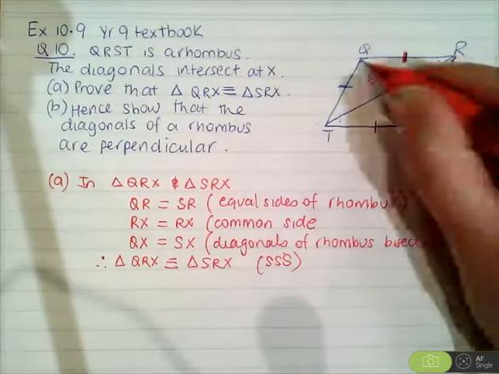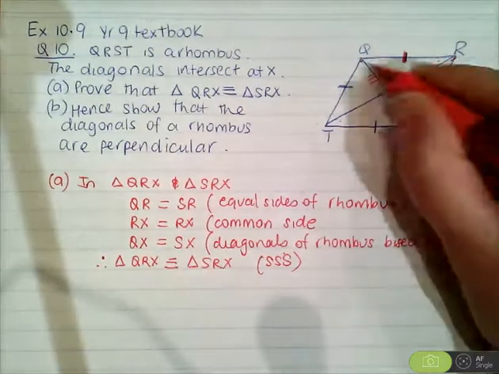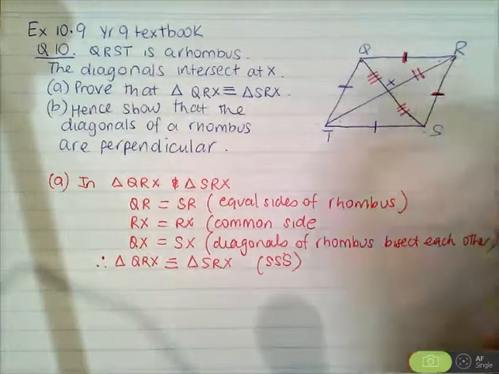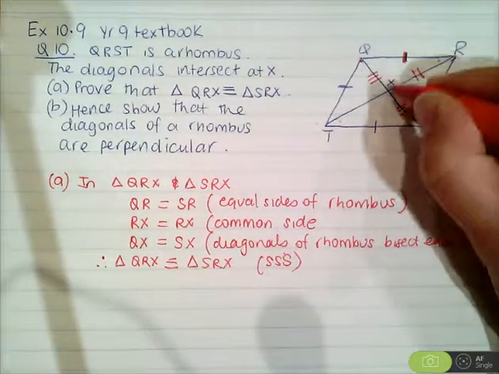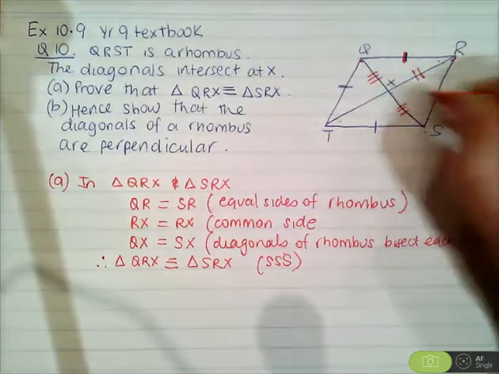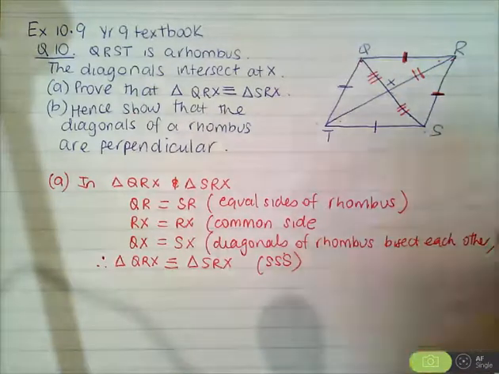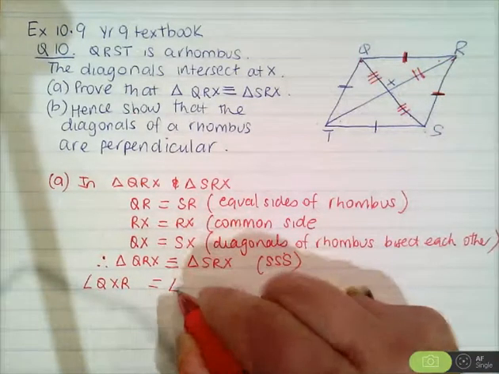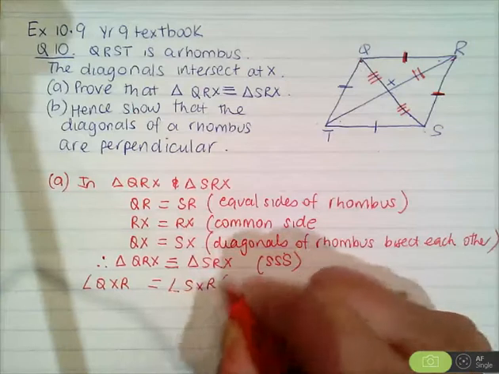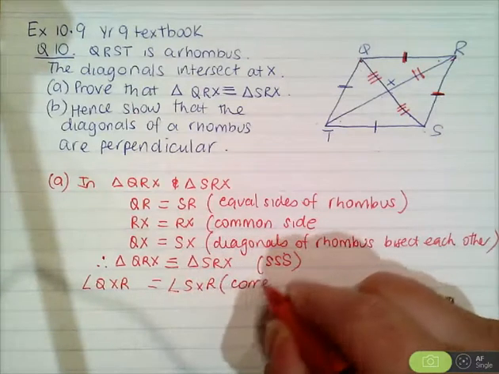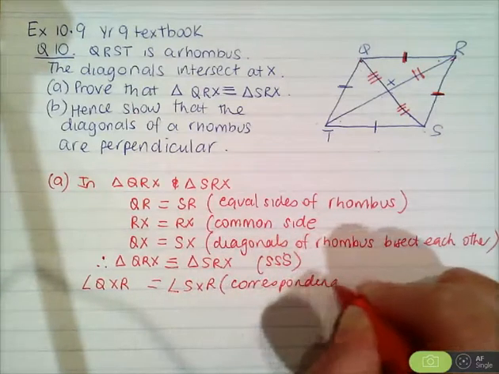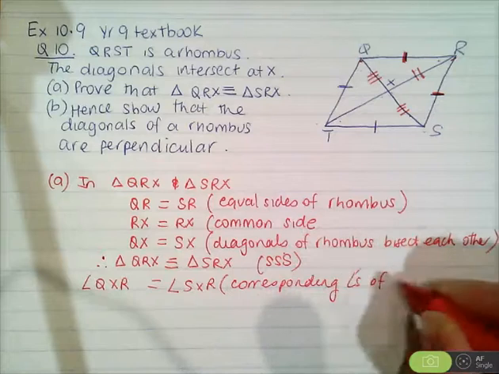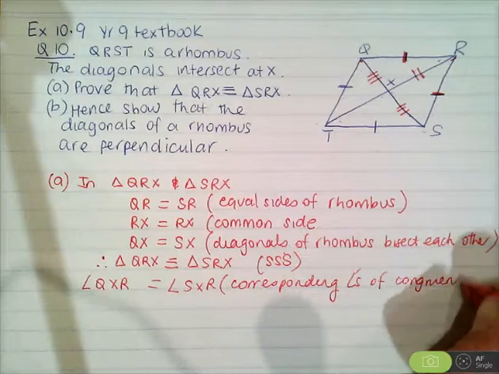So we need to be talking about angle QXR and angle SXR. We know that they both are opposite the single dash side in these congruent triangles that we've just proven. So we can say angle QXR is equal to angle SXR, and the reason is that they are corresponding angles of congruent triangles.